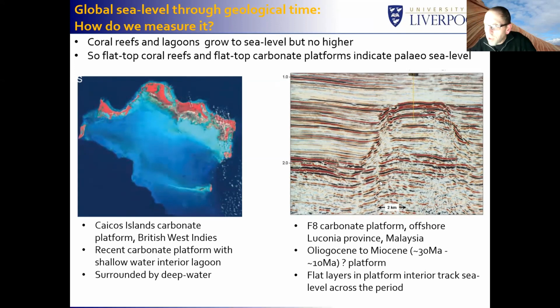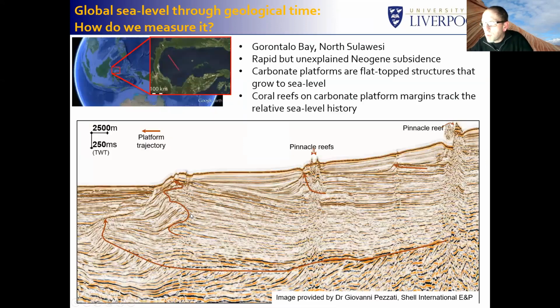And we can also look at the way carbonate platforms build out through time. So here's an absolutely beautiful example from Gorontalo Bay, North Sulawesi. In this case, a carbonate platform builds out. You can see all the clinoforms here, that same kind of pattern where you've got a flat surface at sea level and then a slope down into the sea. That marks the edge of one of these carbonate platforms.